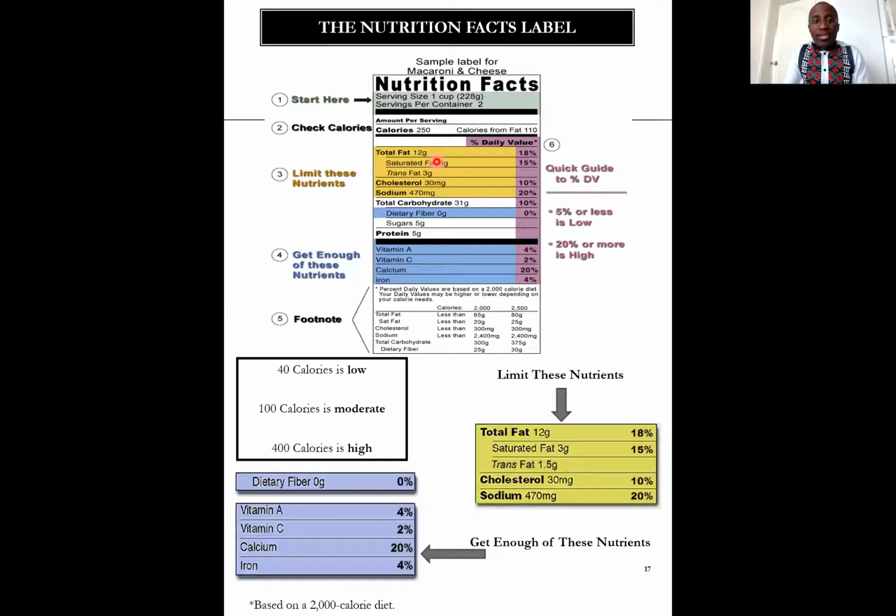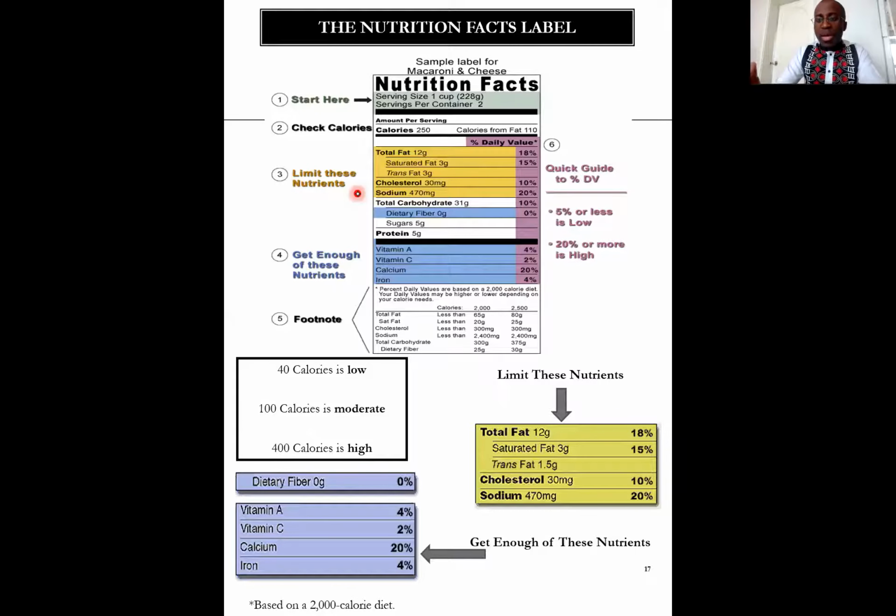Now, number three, it tells you limit this nutrient. In yellow, you don't need to eat a lot of fat, cholesterol, and sodium. And what did I say? I told you I'm going to also focus on sodium. Okay?